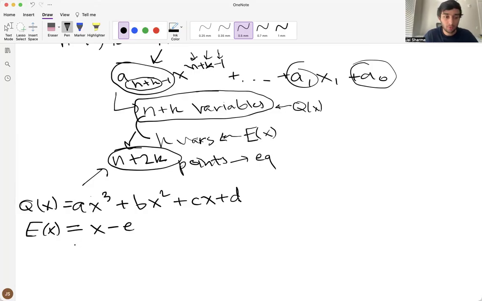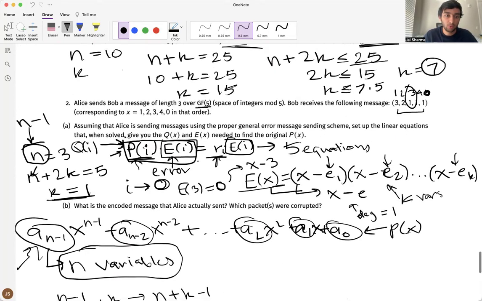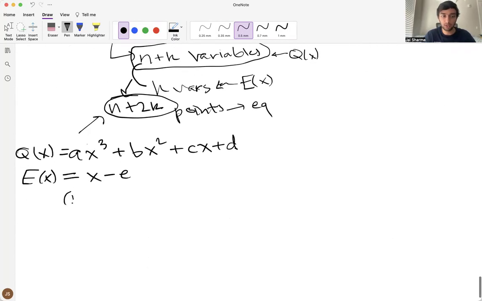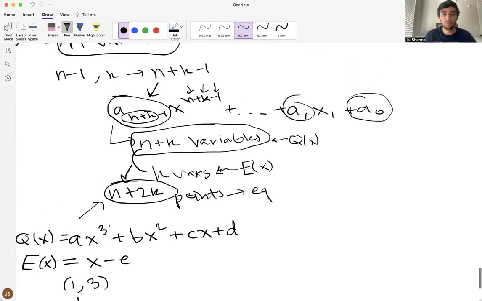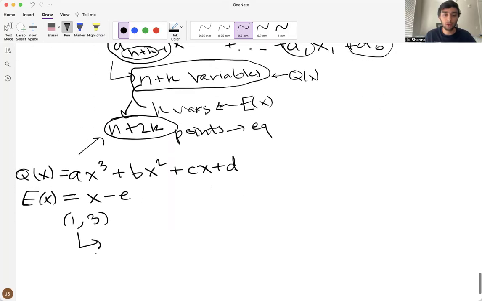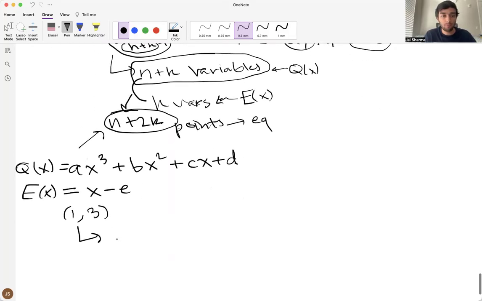So if we want to write this down, we just write this thing down literally 5 times, for every single point that we have, right? I'll write it once for the first point, let's say 1, 3. This is the first point that we've gotten, from 1, 3, this thing right here. So we want to write Q of x is equal to R of x times E of x.